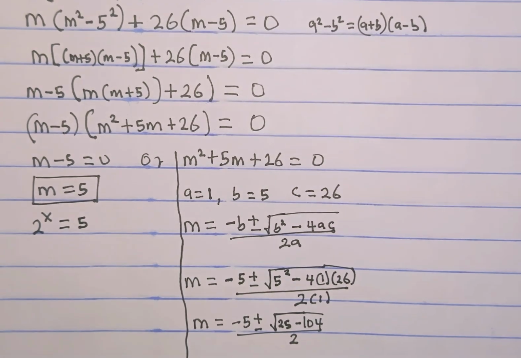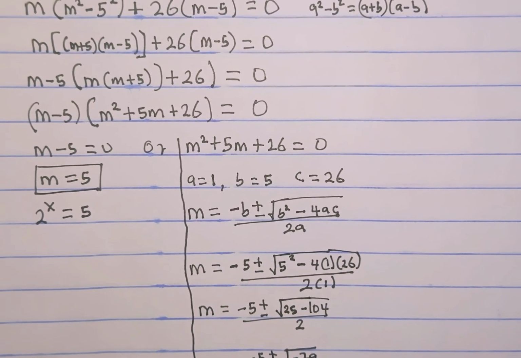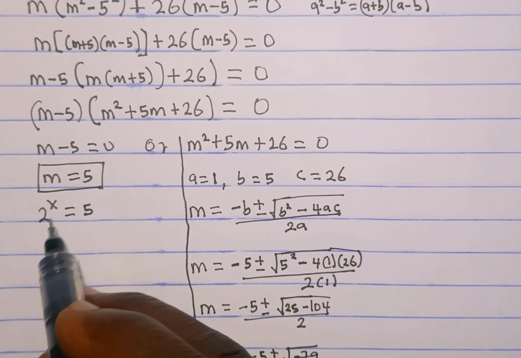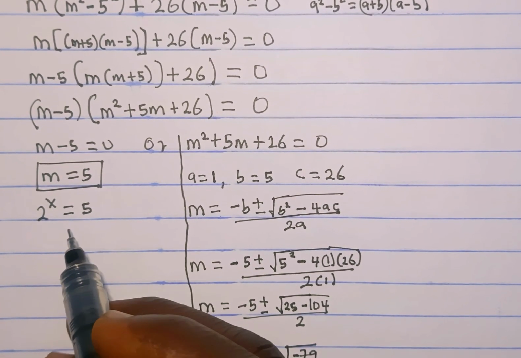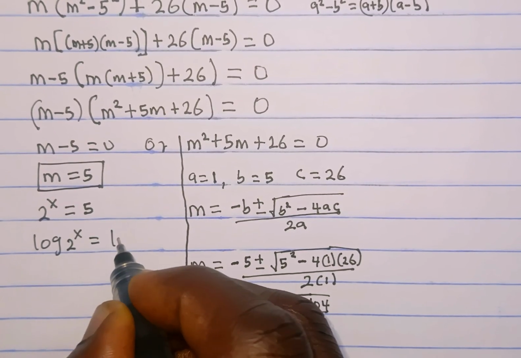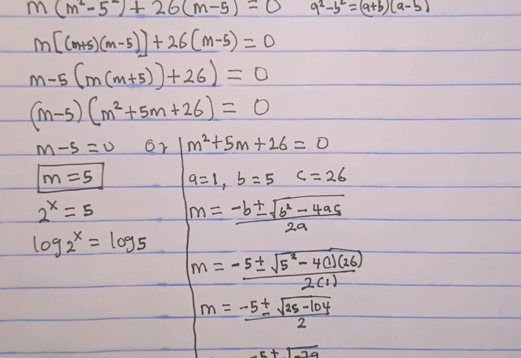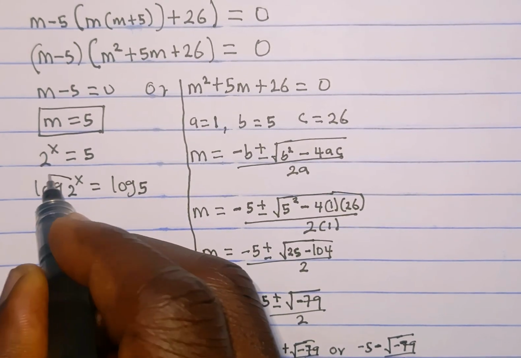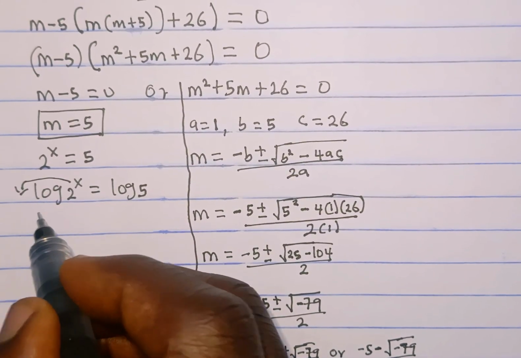Now to solve for the value of x from here, we are going to take the log of both sides to the base 10, because as you can see, there is no way we can make the bases the same. So we take log of 2 to the power of x, which is equal to log of 5 to the base of 10. And recall one of the properties of logarithms, this power here is going to come down to multiply the log.